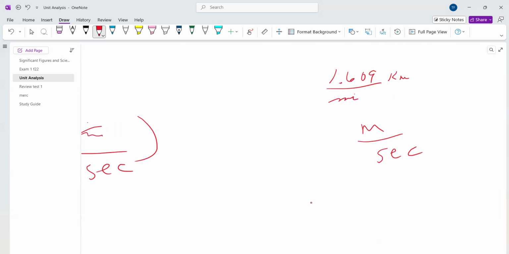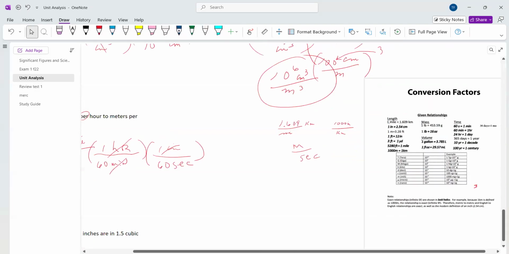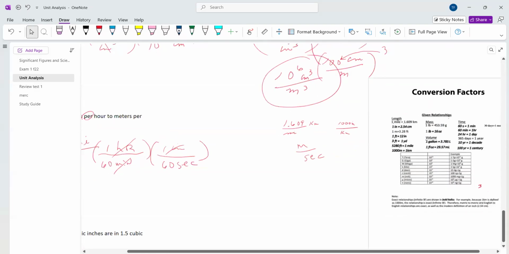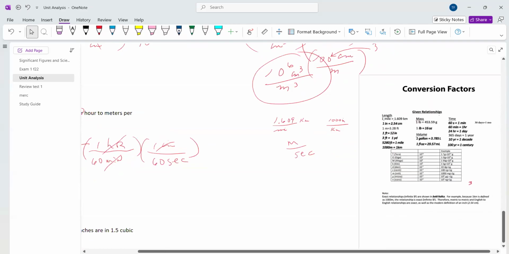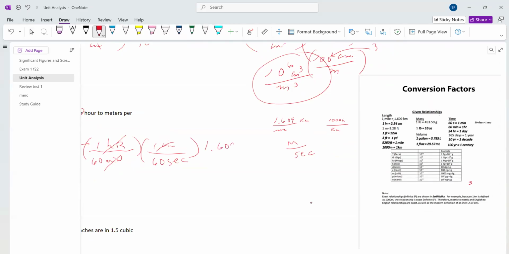Then we've got 1,000 meters per kilometer is another conversion factor. Okay, so we need to have the miles cancel. So it's already canceled, or it's already on the bottom, so that's good. And now it's in kilometers, we just get it over to meters.